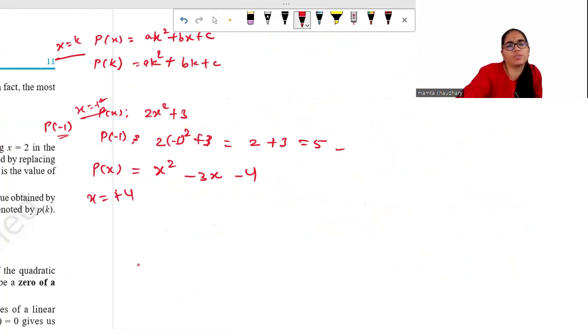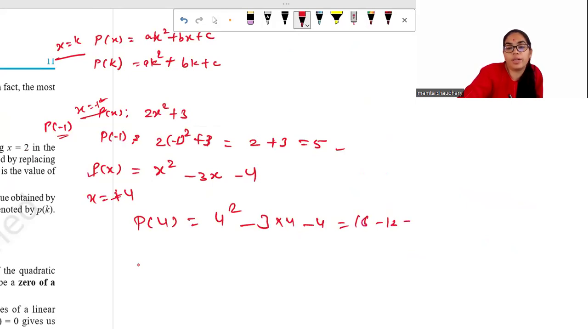Let's find the value of this p(x) at x equals 4. We'll replace x with 4 here. X square, that is 4 square, minus 3x, x is 4, so 3 into 4, minus 4. Now 4 square is 16, minus 12, minus 4. Which is 16 minus 16, which is 0.